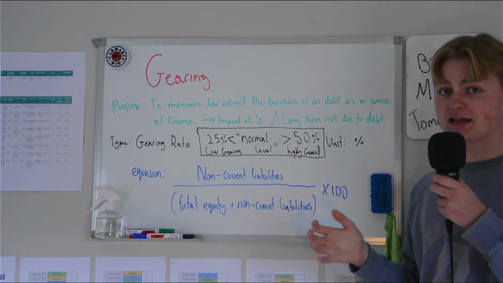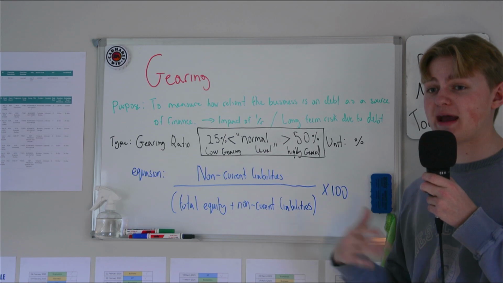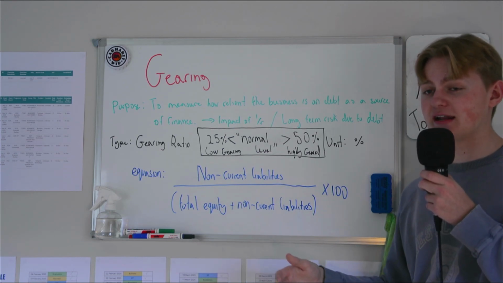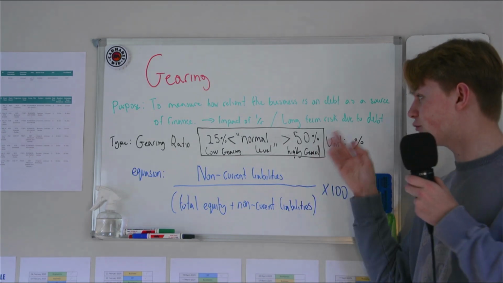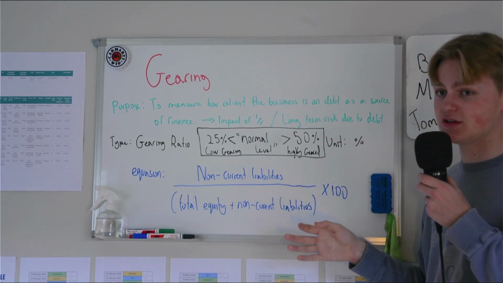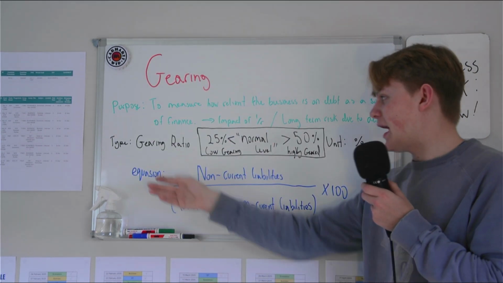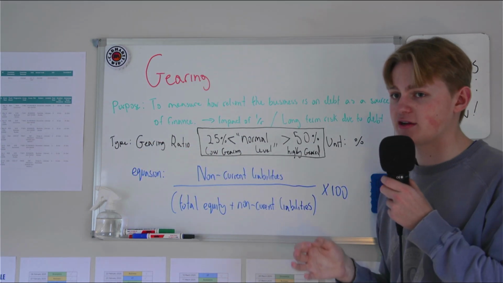So if we're a highly geared business and we're thinking in long-term cash flow, if we're going to be able to repay that debt, or if we're just going to keep having to pay that debt eternally because of the interest on that debt, and if there's any risk due to market changes, how that could affect the business. Now, gearing ratio is kind of funny. Actually has its own type of ratio. It is the gearing ratio type of ratio.